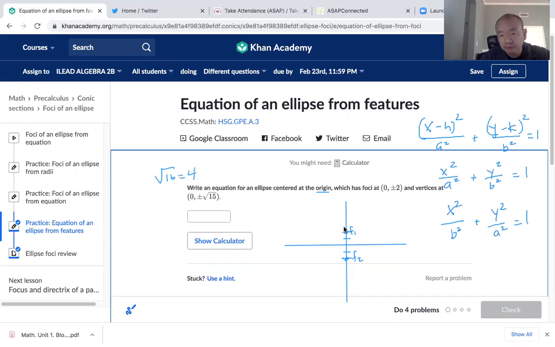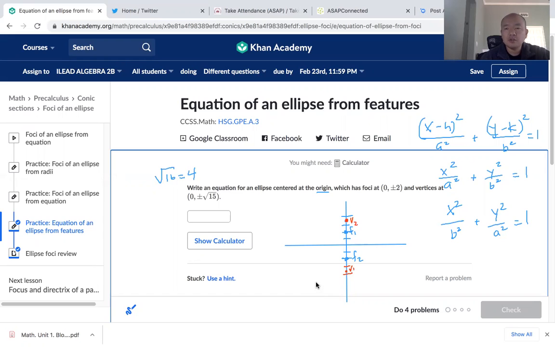So radical 15 is right below 4. Here's 4, and I'm going to put it right here in a different color so we can tell the difference between those two. So this is 3 and 4, and this will be vertex 1 and vertex 2.